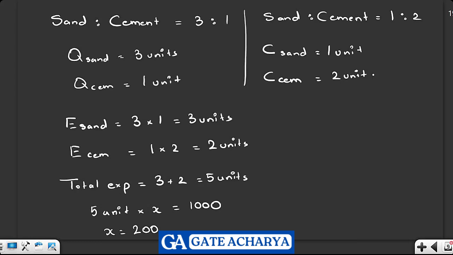And see, the 5 units is based on this particular ratio. I am not saying that the exact quantity of sand is 3 and of cement is 1. The quantity can be like 9:3, 9 kilos of sand and 3 kilos of cement. So there are a lot of different ways. The X value I'm getting is 200.